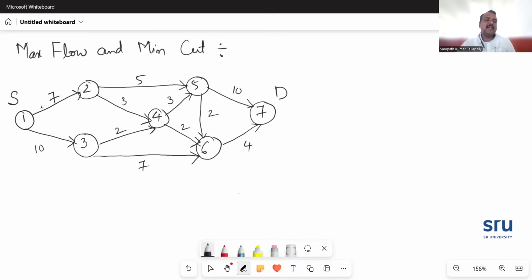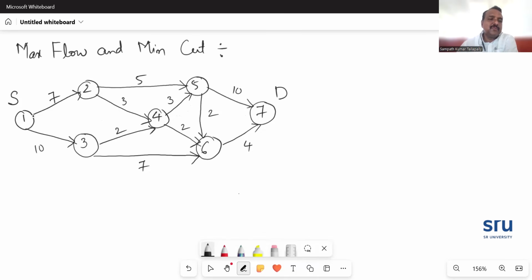I can go from 1 to 2, from 2 to 5, and from 5 to 7. I can also go in this way, and again in this way. Out of all these paths, we need to find the maximum flow from the source to the destination.